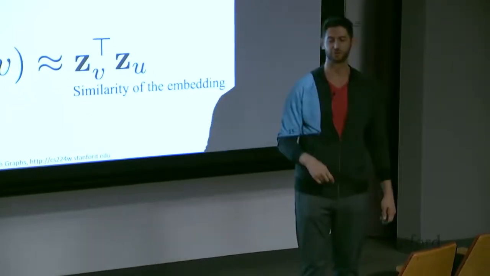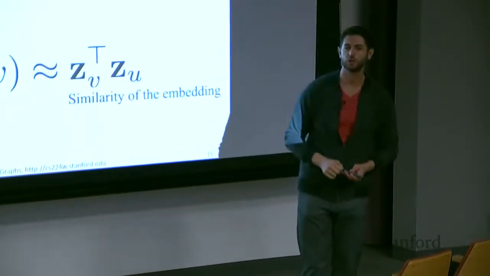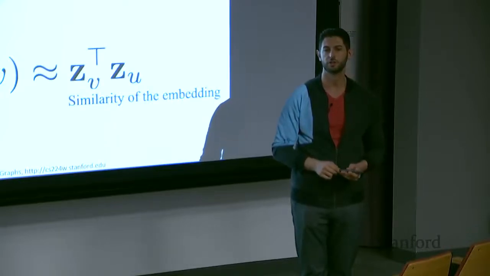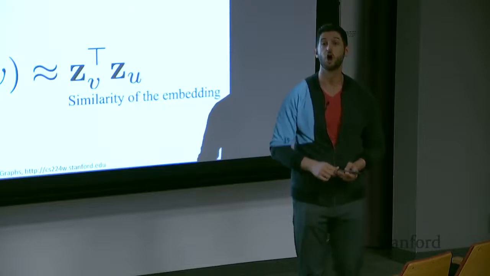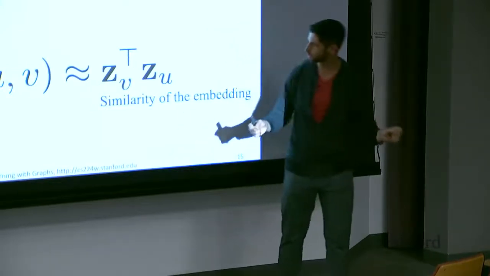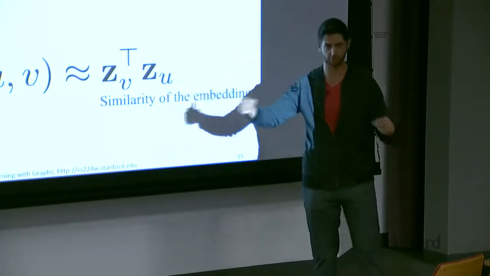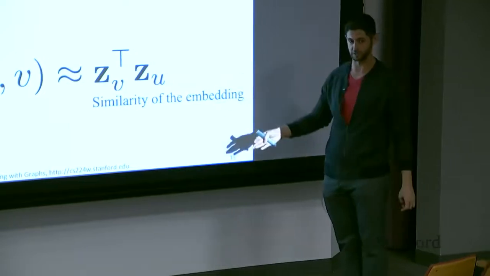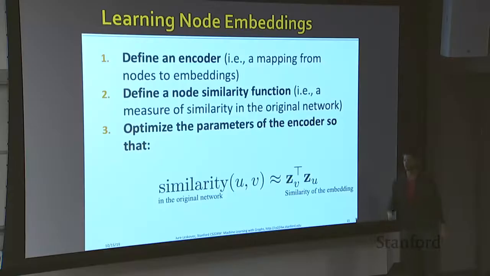Thanks. Question: do we care if two nodes are not very similar, but their embeddings still end up close to each other? Great question. So do we care if two nodes, even though they are not similar to each other in the original network given our definition of similarity, end up being close to each other in the embedding space? The answer is it depends on the model.